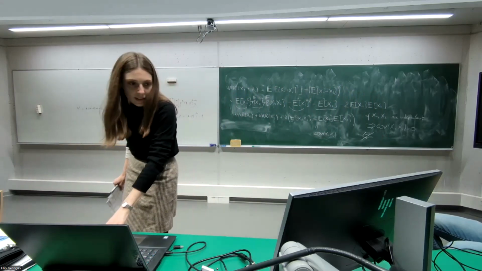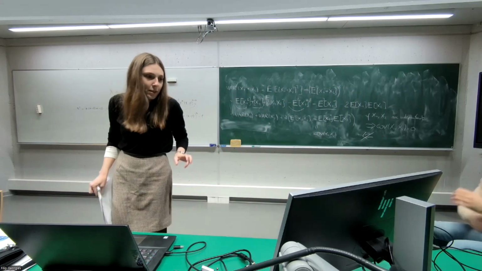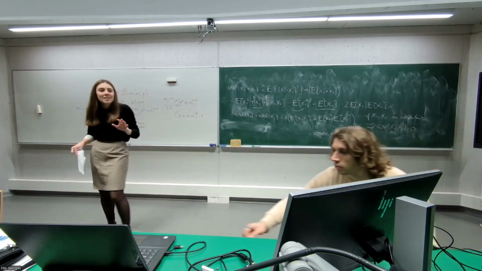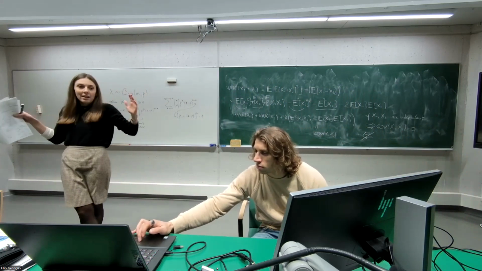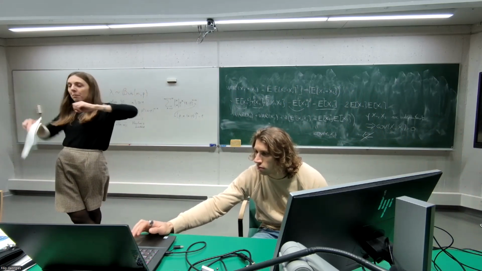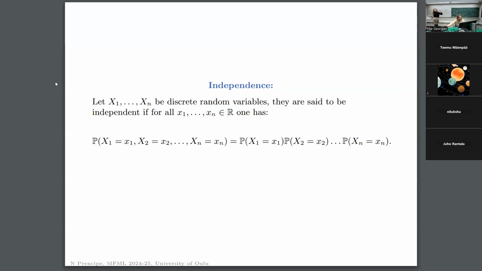Let me say what independence means because I did not follow the order of my slides. If I have n variables that are discrete random variables as I defined them before, there is that equation. That is the definition of independence if they have discrete finite values.